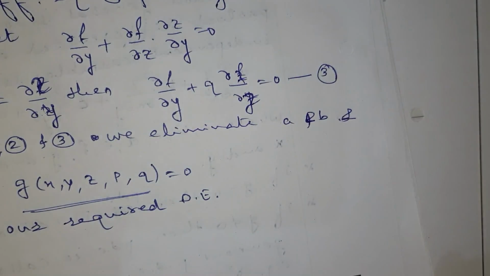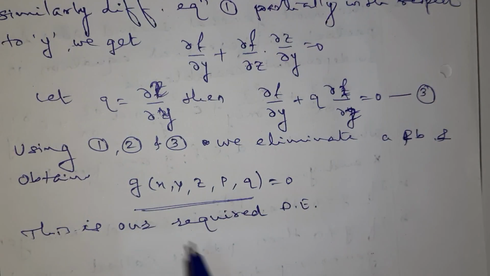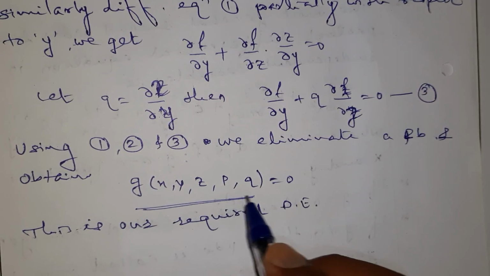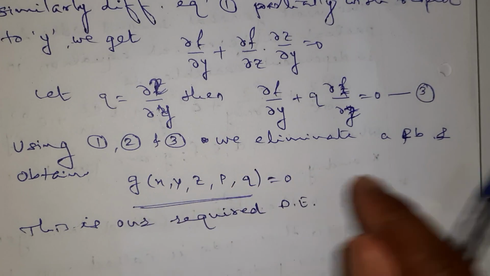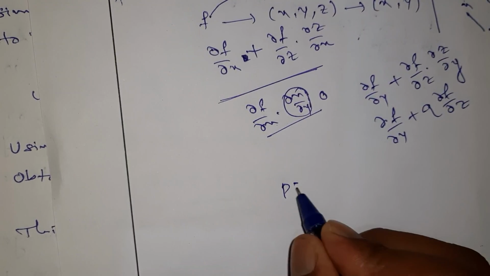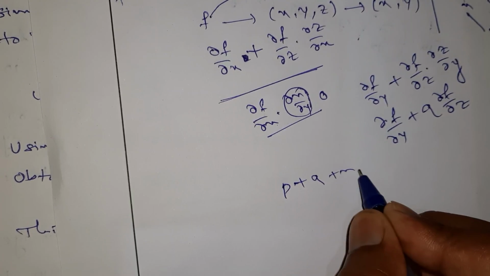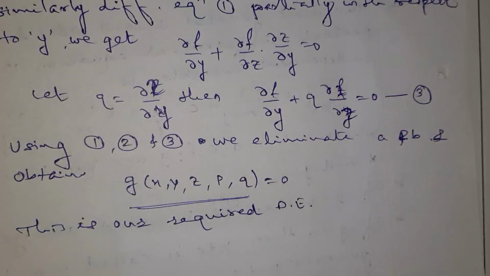We eliminate the constants a and b and we get a differential equation g of x, y, z, p, q equal to 0. This is just a notation g I used. Actually it is in terms of x and y, which contains p and q. Understood? So this is our required differential equation.